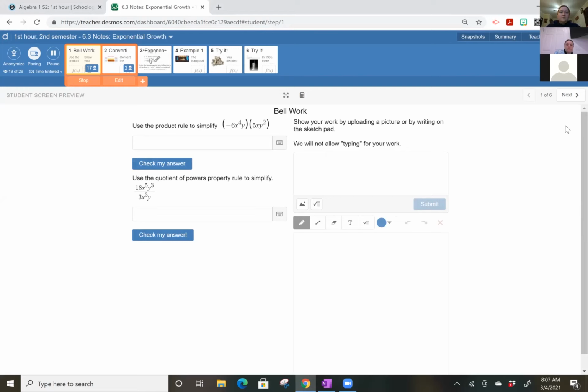All right, so for the product rule, I'm just going to write it without the parentheses. It just means multiplying. Now, the work that I need to see, we need to see -6 times -5.